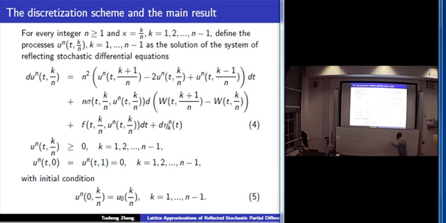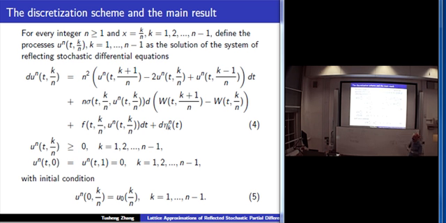The space variable lives on the interval 0, 1. For each n, we divide this interval into equal lengths. On these points, I will let the value be the solution of this n minus 1 dimensional SPDE with reflection.